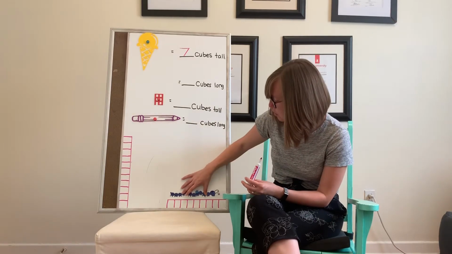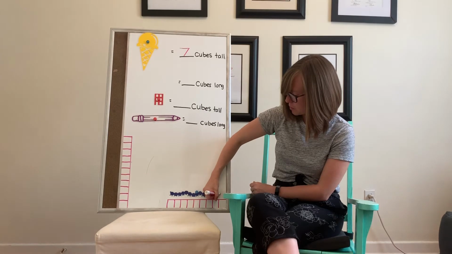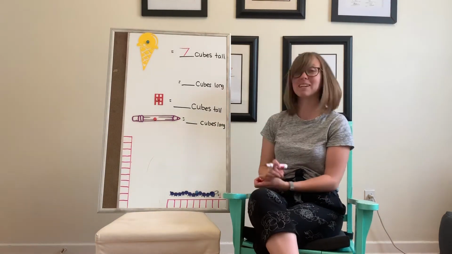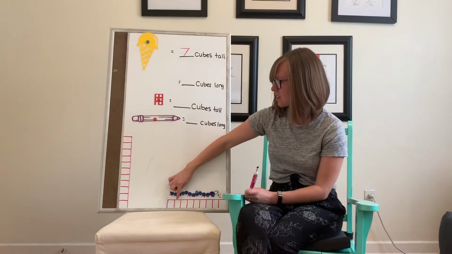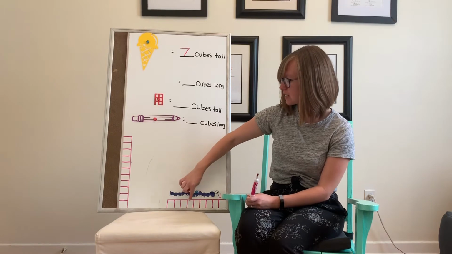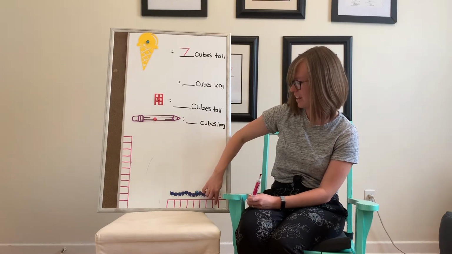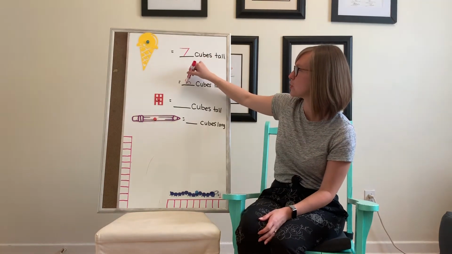So I'm going to put him right to the end. He's going right here to this cube. So let's count up and see how many cubes long our caterpillar is. 1, 2, 3, 4, 5, 6, 7, 8. This caterpillar is 8 cubes long.